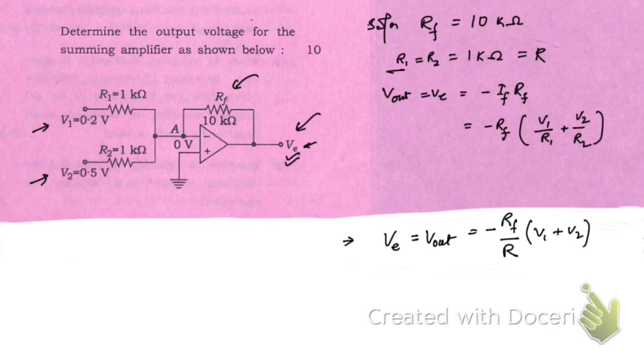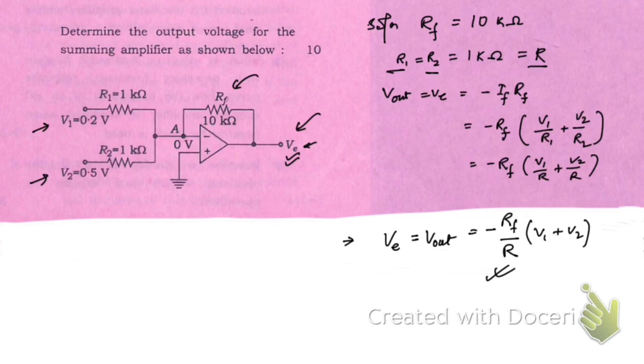Since R1 and R2 are both equal, we have taken both equal to R. Then you can write V1 by R plus V2 by R. If you take 1 by R common, then you get this formula. You don't need to show this part, I just explained how we got this one.